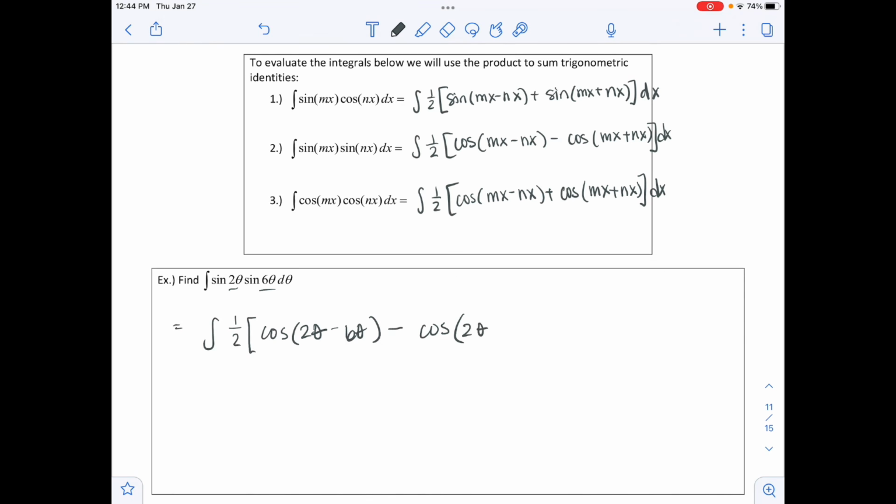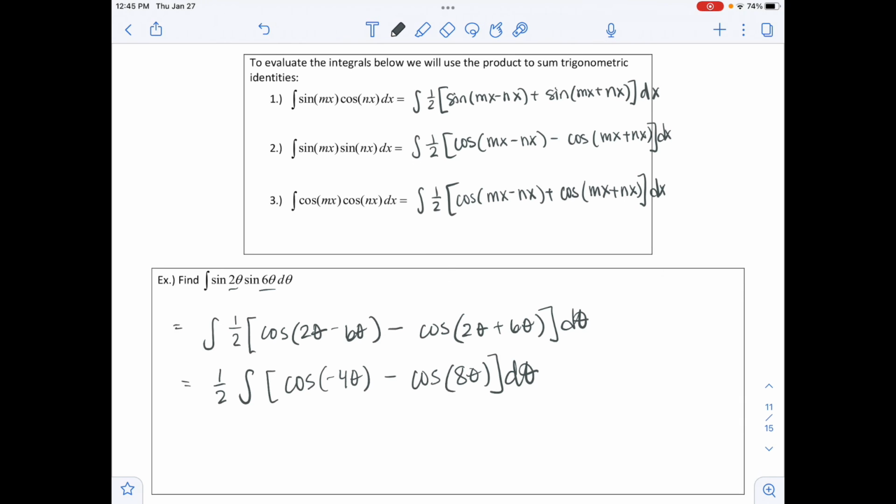So again, for us it's theta, so 2 theta plus 6 theta d theta. So this is going to simplify now to 1/2. I'll put that out in front of my integral. The integral of cosine of -4 theta minus cosine of 8 theta d theta.